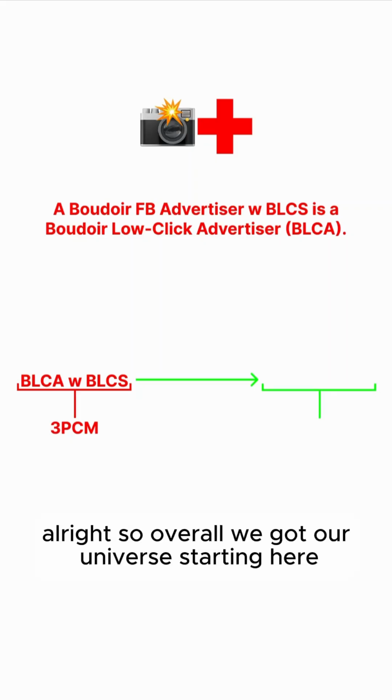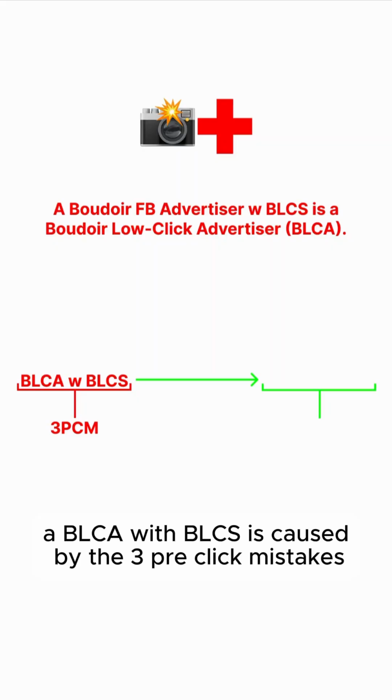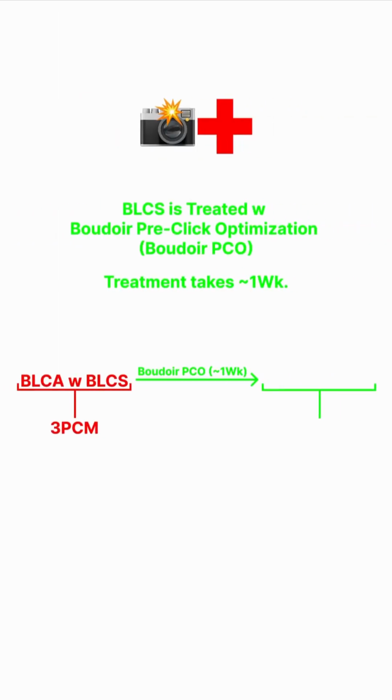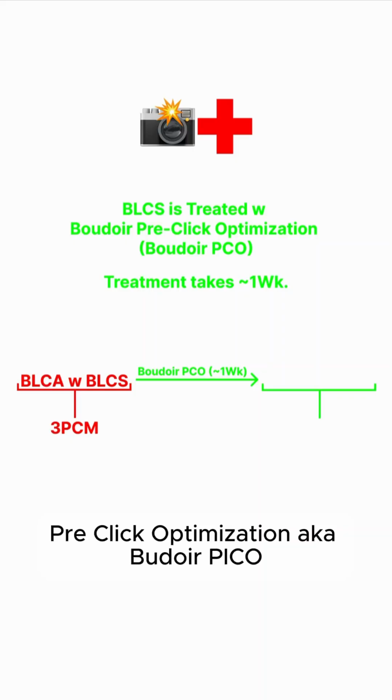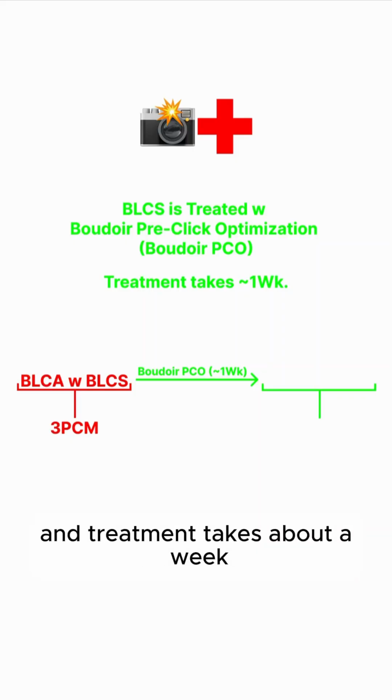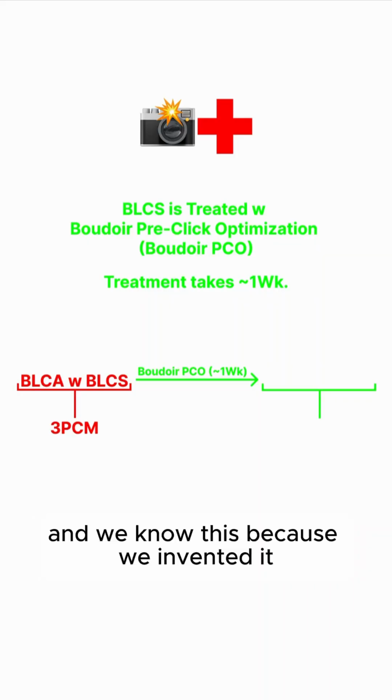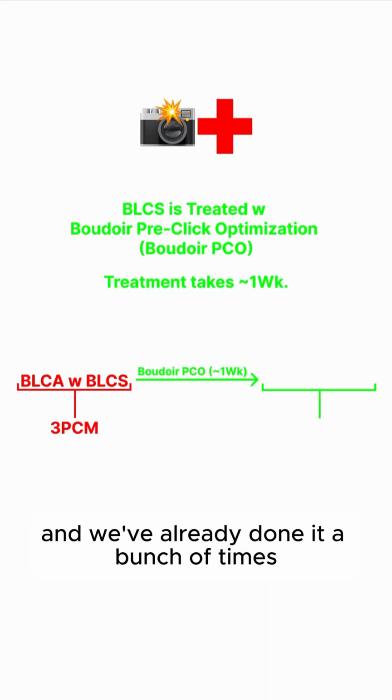All right, so overall, we got our universe starting here. A BLCA with BLCS is caused by the 3 pre-click mistakes. Next, we also know that BLCS is treated with Boudoir pre-click optimization, aka Boudoir Pico, and treatment takes about a week. We know this because we invented it and we've already done it a bunch of times.